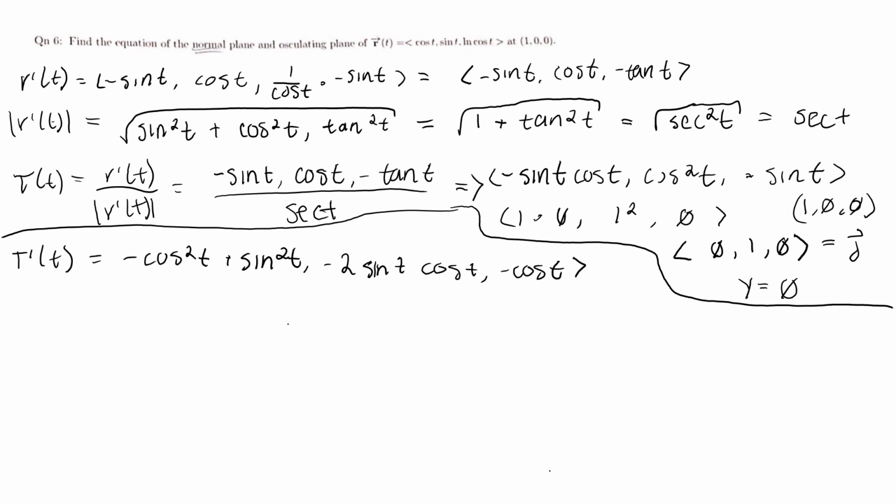Let me just clean it up a bit. Now we can simplify this into negative cosine 2t, negative sine 2t, and minus cosine t.